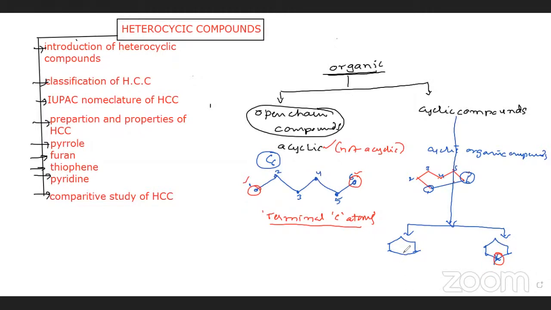In the first cyclic system, all atoms are carbon. A cyclic organic compound containing only one type of atom, that is carbon, is known as a homocyclic compound. The next category is a cyclic system consisting of carbon atoms as well as atoms other than carbon, which I show by X. This kind of compound is known as a heterocyclic compound.